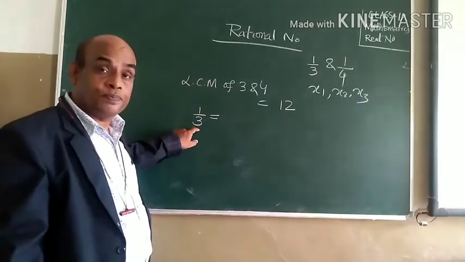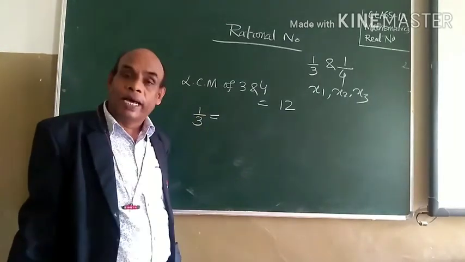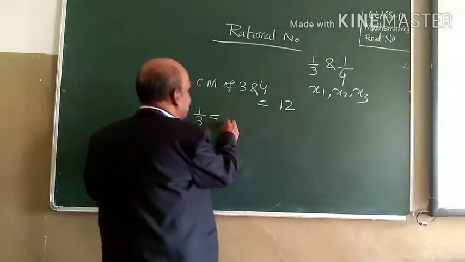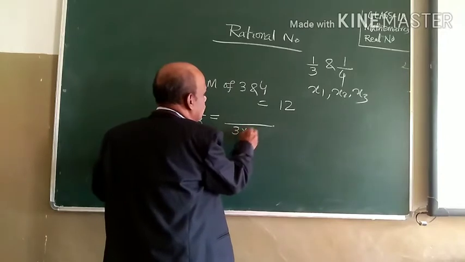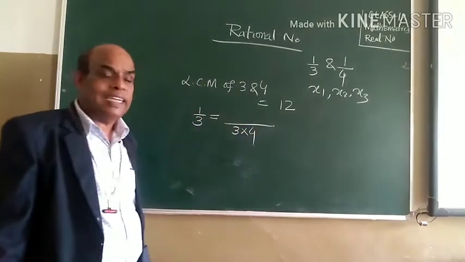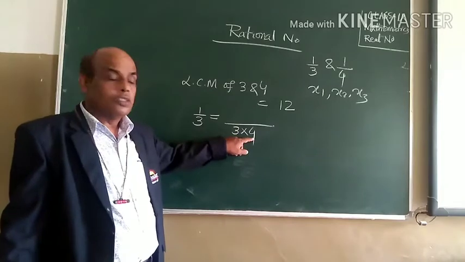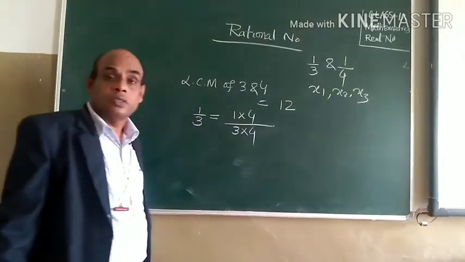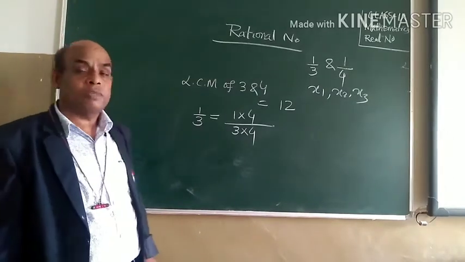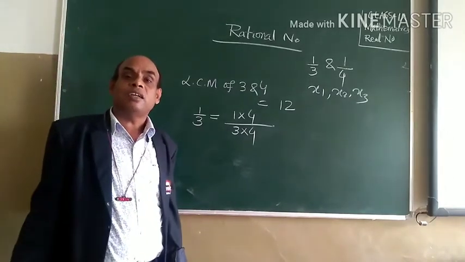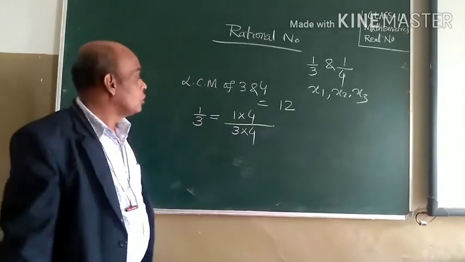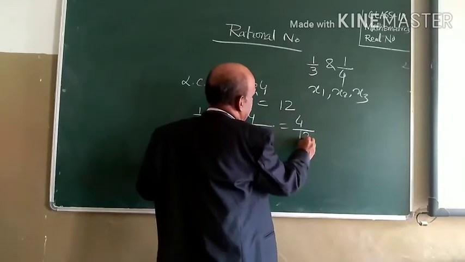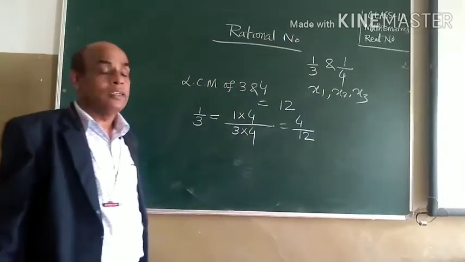This 3 has to make 12, because the LCM is 12. So I write 3 into 4. If I write 3 into 4, the numerator will be 1 into 4, because the same number is multiplied with the denominator as well as the numerator. So I got 4 by 12.